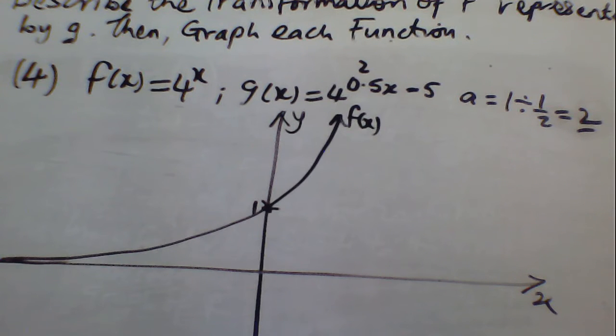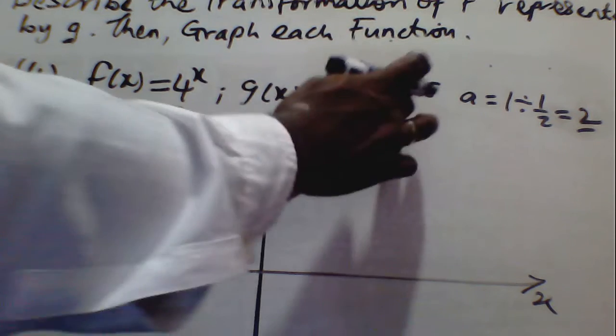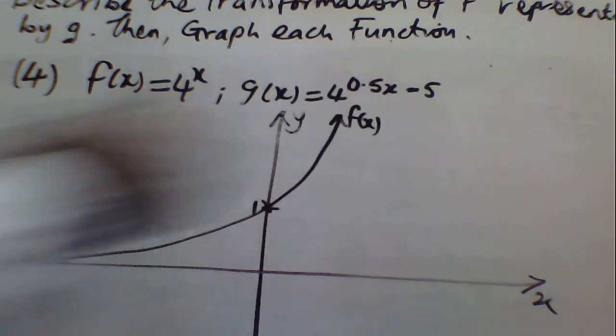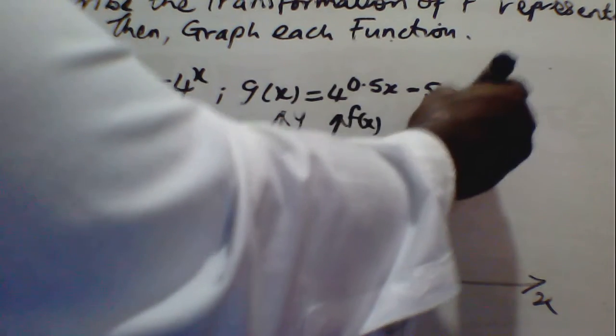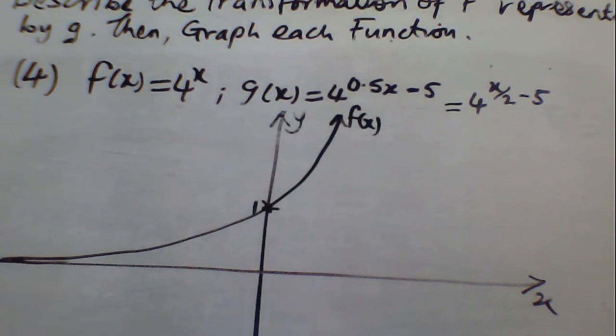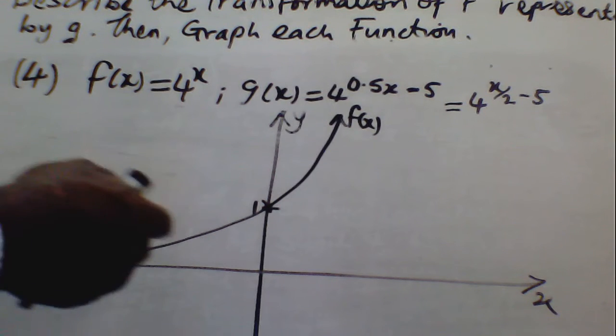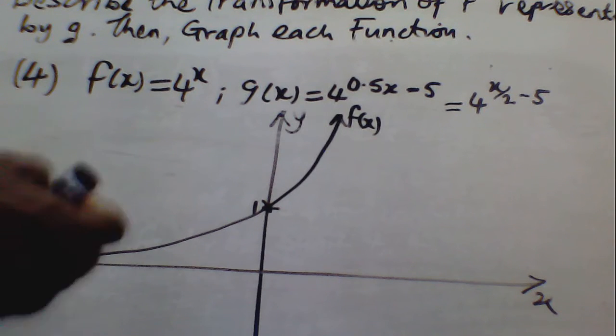So the next is to graph g of x. Looking at this, we can write g of x to be 4 raised to power x over 2 minus 5, because 0.5 is equal to half. The first thing to do is to decide what value of x to put here so that it gives us a base point that we can use.